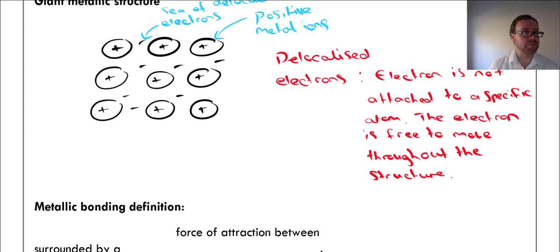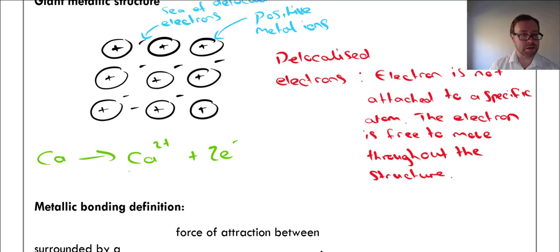An example of a giant metallic structure may be, for example, if we had, let's do it in green, calcium. Calcium is an example of a metal. And if we follow this diagram, we need to form the positive metal ions. So calcium is in group 2, so this would be my positive metal ion, and I've lost these 2 electrons.